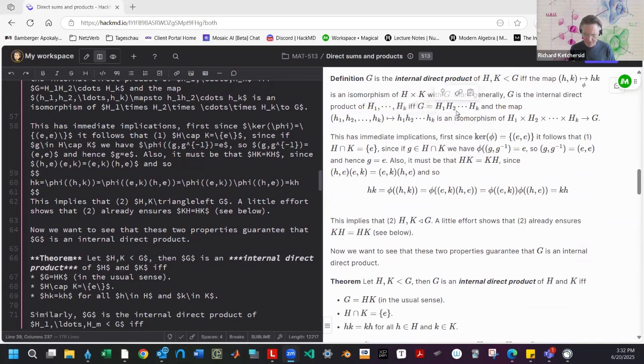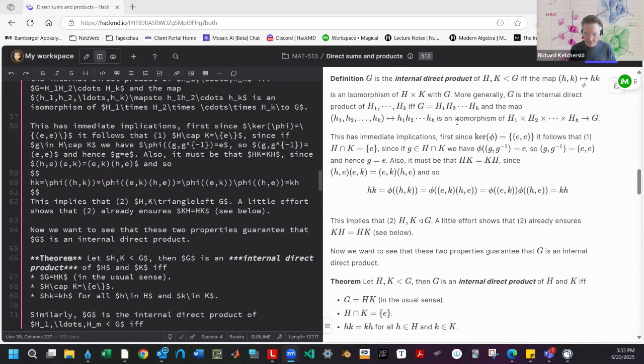Well, one thing you want to have happen is that it is, in fact, as a set equal to this product, right? But then we want this map, H1 through HK maps to this product, to be first a homomorphism and then an isomorphism, right?